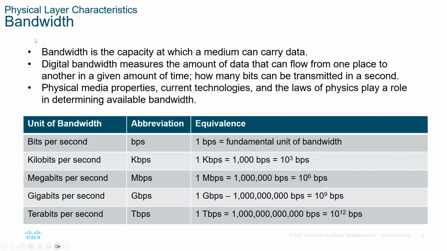All right. Bandwidth. I'm sure you guys know what bandwidth is. It is the speed of the data that travels from one device to another device. Bandwidth is measured in bits per second. Okay. Not bytes per second. A lot of people get confused. Bytes is the storage.